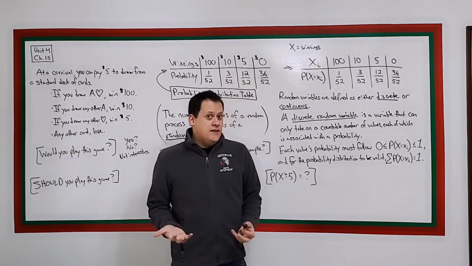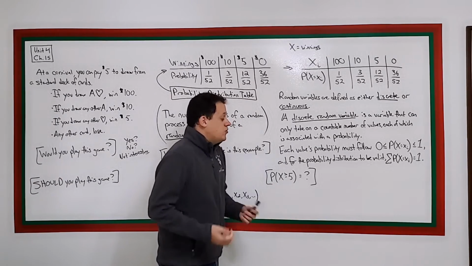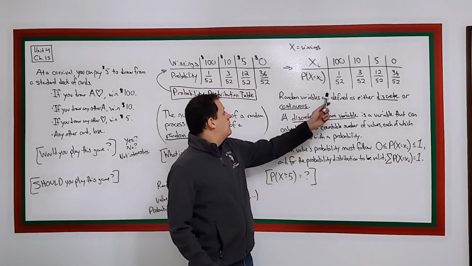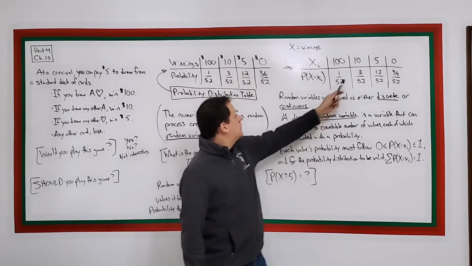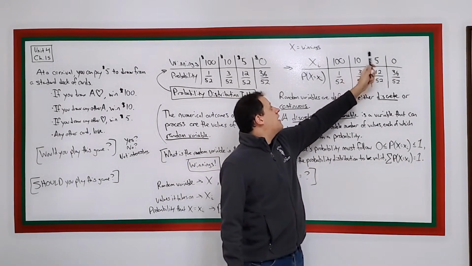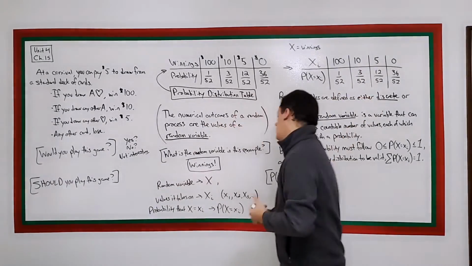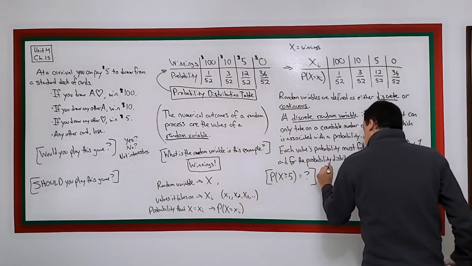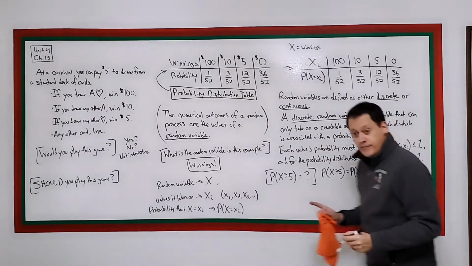And there are at least 2 ways of calculating this probability. You could take all the different outcomes for winnings that are at least 5, which is going to be 100, 10, and 5. Take all those probabilities and add them together. So you could write it out this way.